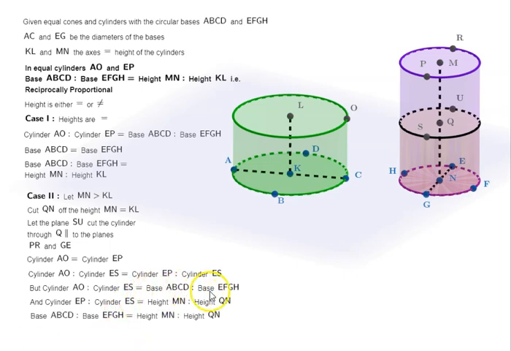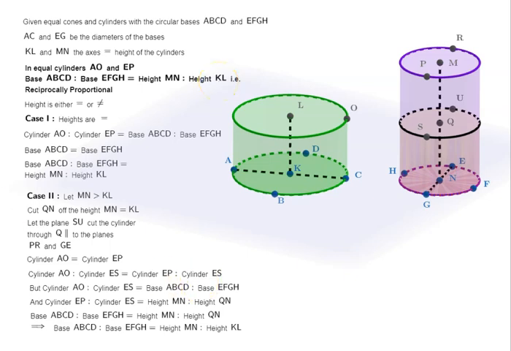So base ABCD is to base EFGH as height MN is to height QN. But QN is equal to KL. So base ABCD is to base EFGH as height MN is to height KL, because KL is equal to QN. This is what we had to prove.